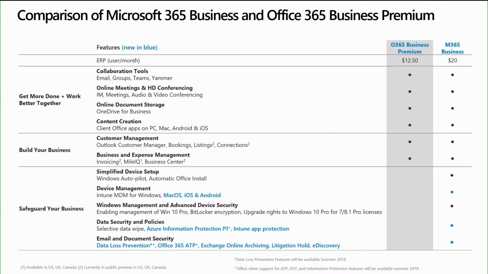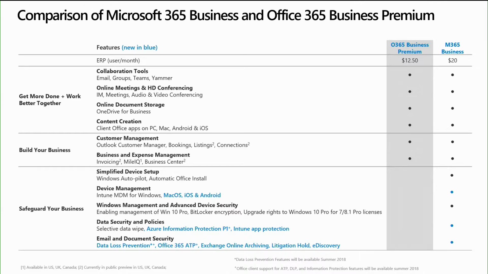You have the ability to manage your Windows devices from a central console. You can manage non-Windows devices with Microsoft 365 Business, including iOS and Android, through the availability of Intune. And we also want to talk about some of the security capabilities we have enabled.